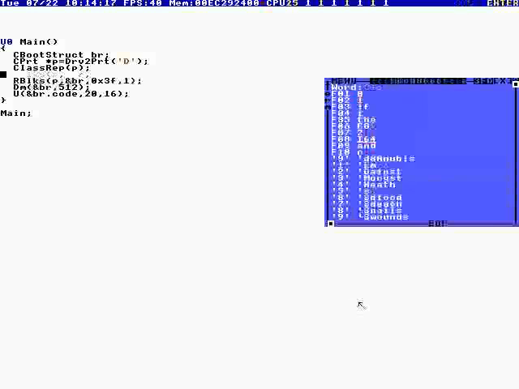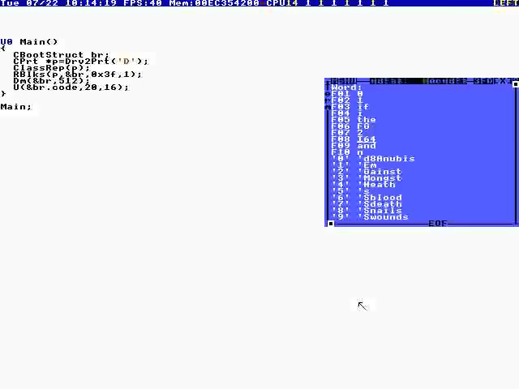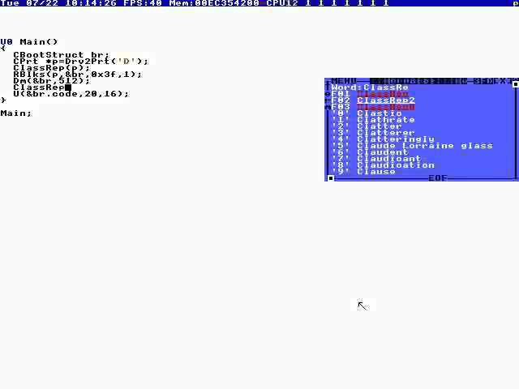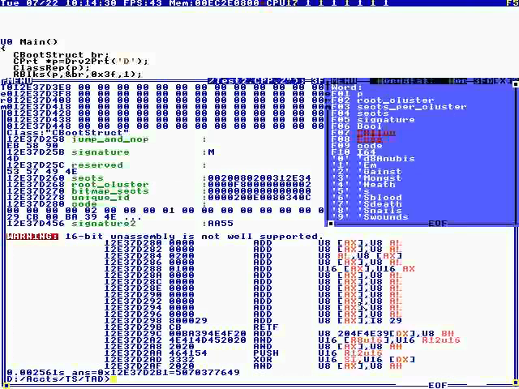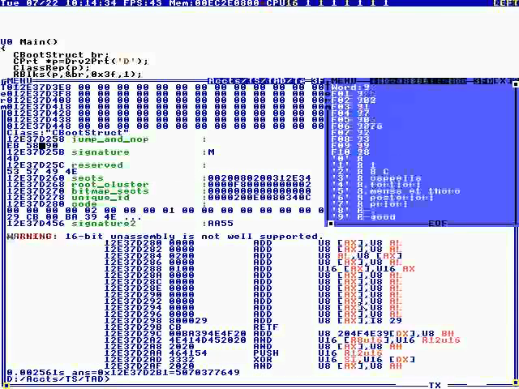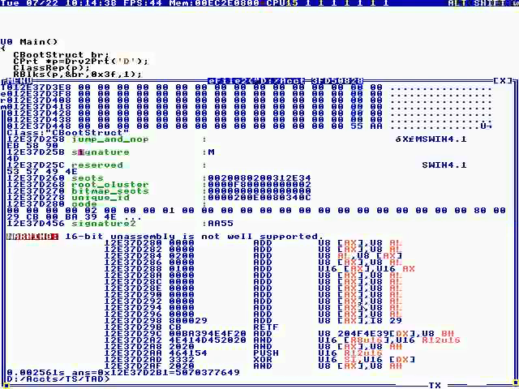Let's do this. Class rep address BR. Okay, that's definitely a no-op signature. 4D, I don't know what that is. Reserved sectors.